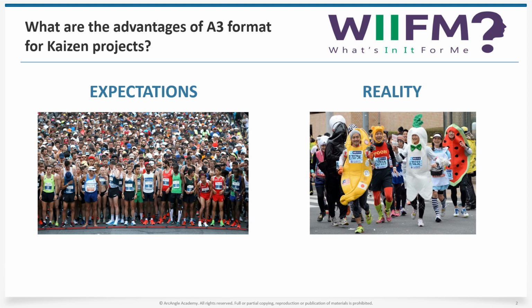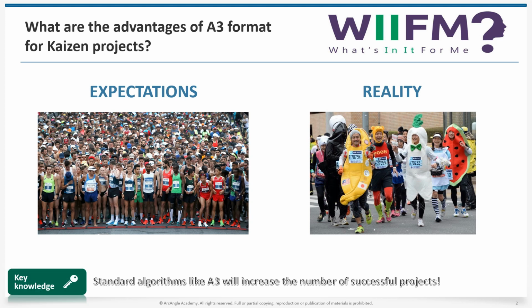By utilizing the A3 format, organizations can ensure that project goals, methodologies, results, and improvements are clearly documented and communicated, enhancing the chances of project success. Standard algorithms like the A3 will increase the number of successful projects.